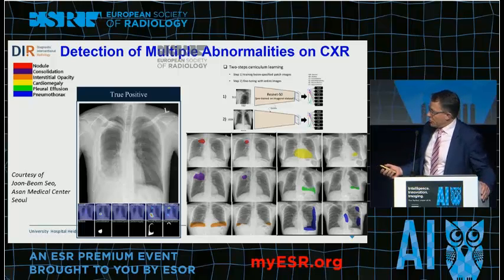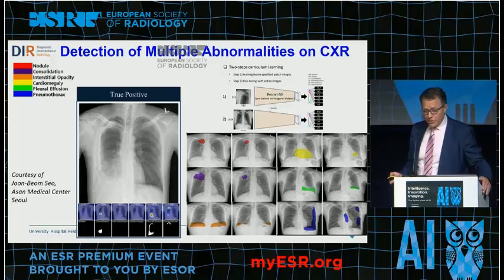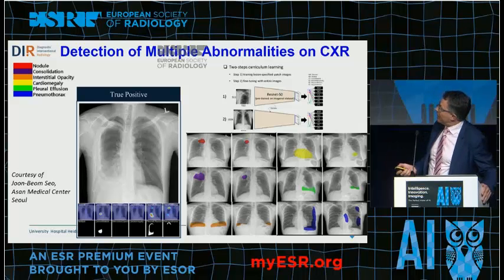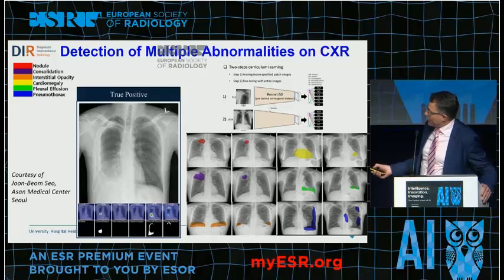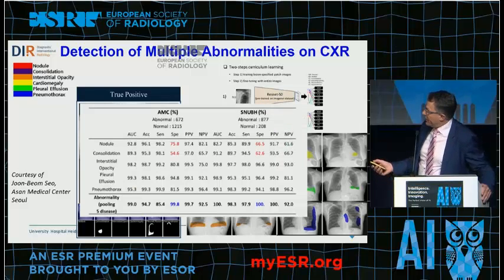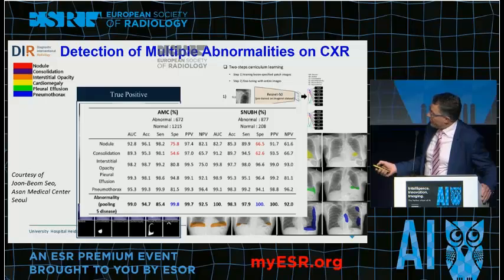This is another approach where they use different trained networks trying to aim for multiple abnormalities. These are how they set the curriculum for the learning, and then they are heat mapping the abnormalities with different colors, like the pneumothorax, the effusion, the consolidation, the nodules, the cardiomegaly. And here you can see that, again, the results are realistic.